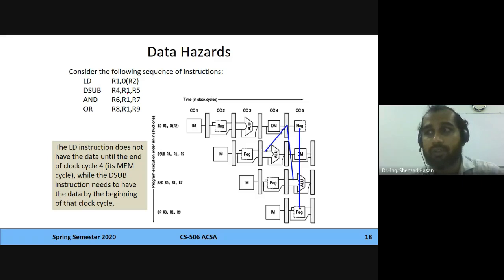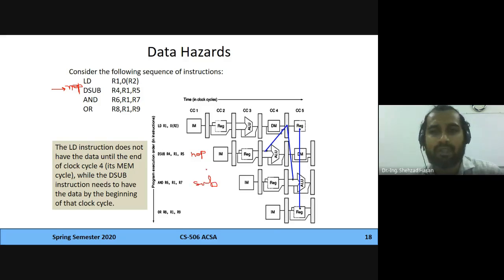If they match, the compiler automatically inserts a no-operation instruction, an additional instruction in your code, which solves the problem, because now subtract actually starts from this point in time.